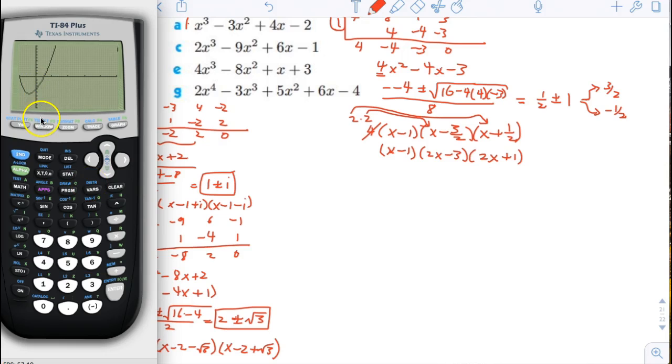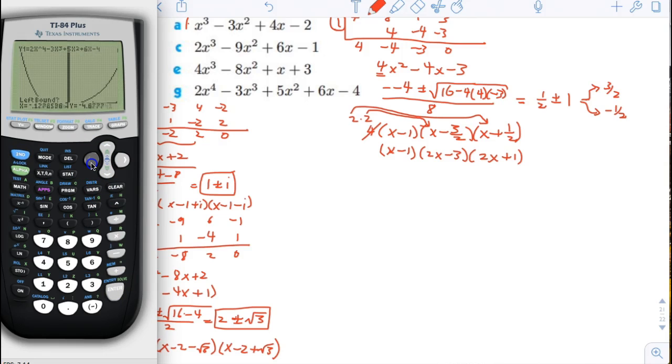Looks like there's one at 1/2. Looks like there's one at -1 too. So let's try to get the one at -1. It's a whole number. So I did a window from -2 to 2 and I got this. Second calc, zero.